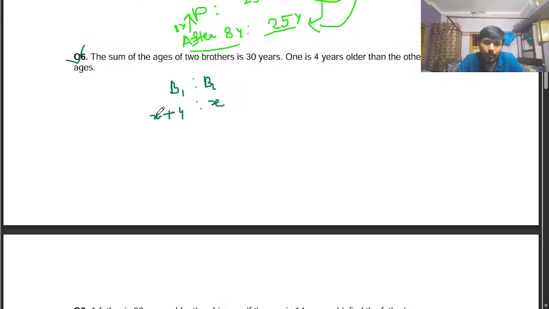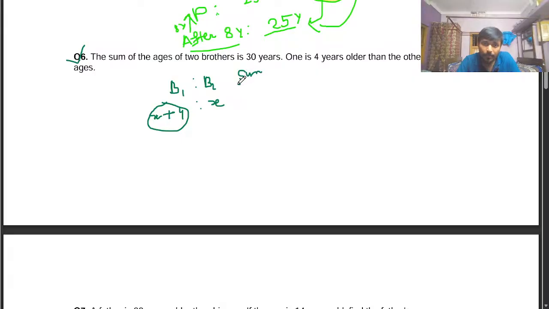If one brother is 10 years, then the other will be 10 plus 4, that is 14 years. Suppose if one brother is 5 years, then the other brother will be 5 plus 4, that is 9 years. Just like this. So sum of the ages of two brothers is 30 years. So what will be the sum?